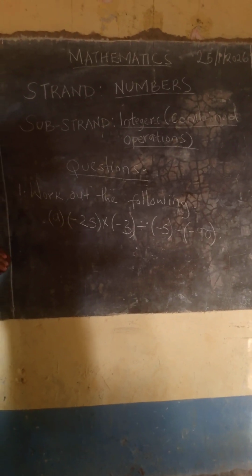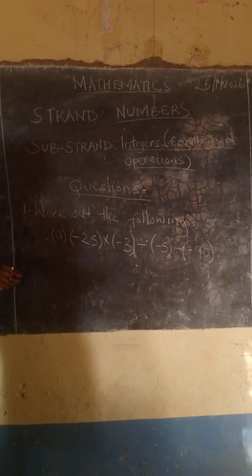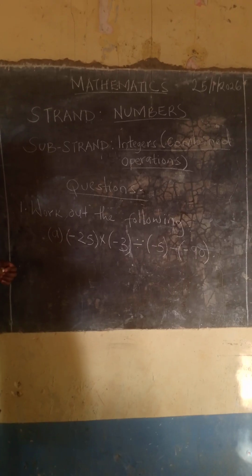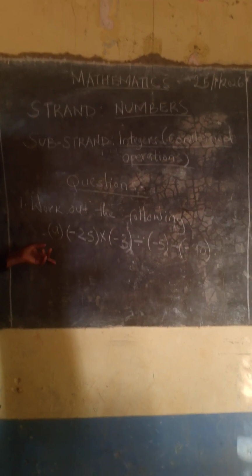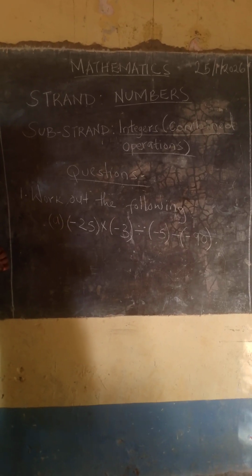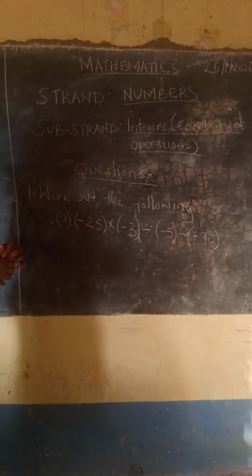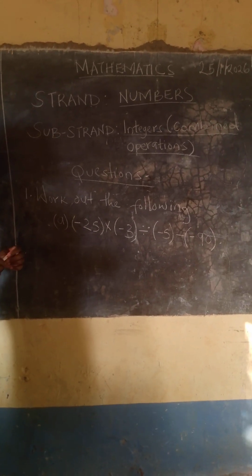So today we are going to look at combined operations, and as you can see, we have a question with us here, whereby we are supposed to work out the following: negative 25 multiplied by negative 3 divided by negative 5, then minus negative 90.